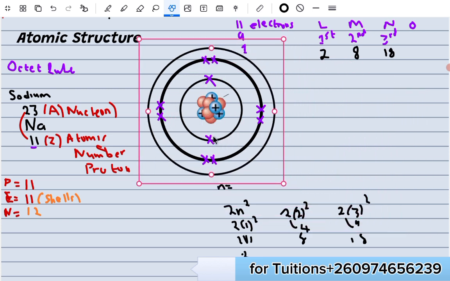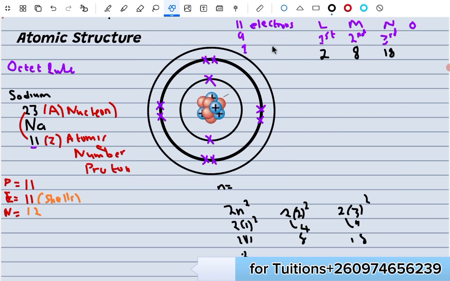So this will now be the last shell, and it is going to hold the last electron. You can put it anywhere you feel like. When you count the number of electrons, there should be 1, 2, 3, 4, 5, 6, 7, 8, 9, 10, 11, and that is how you put these electrons inside.